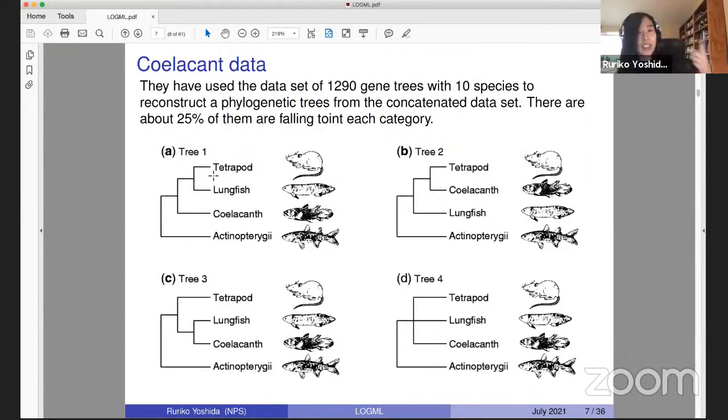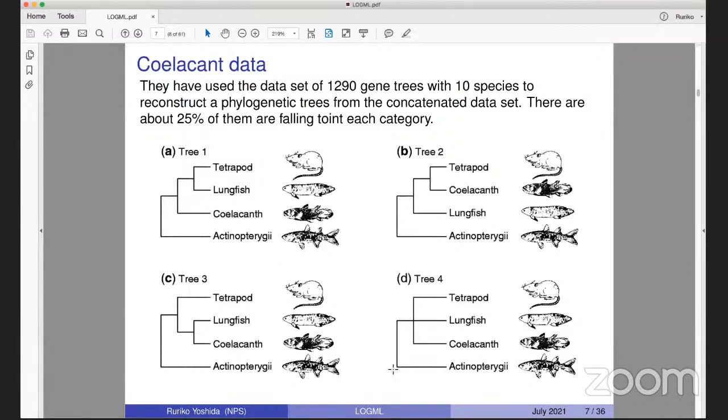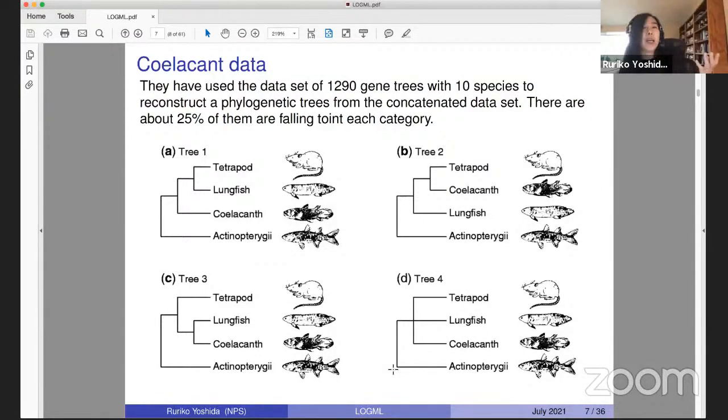But the bad news was that we have a tetrapod, and we just group them together. About a quarter of the gene trees look like this topology, a quarter look like this, a quarter like this, and a quarter like this. So kind of hopeless, right?